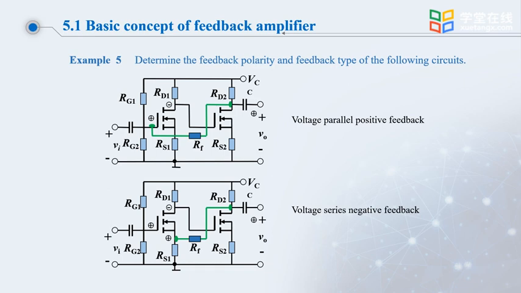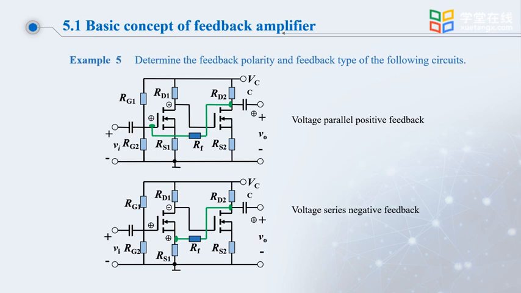So it has an instantaneous increase in the right potential, so the current is going from right to left. What you care about is whether the net input signal is bigger or smaller. Now, our net input signal connection on this side is current. It's the superposition of currents, so it's an increase in the current. It's a positive feedback. It's a voltage parallel positive feedback.